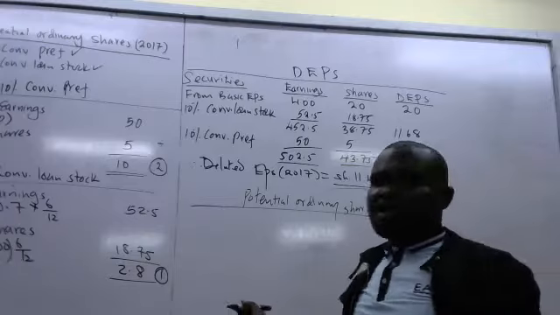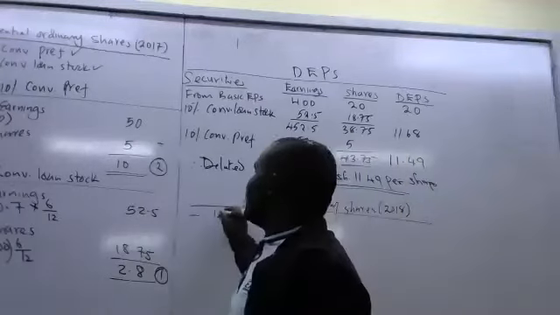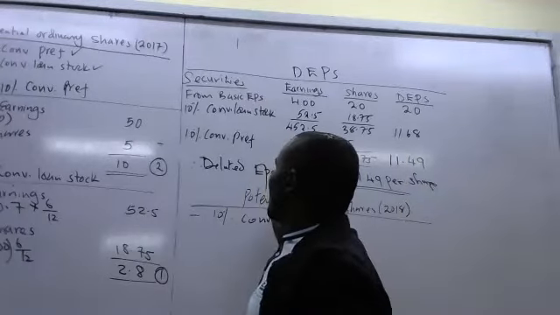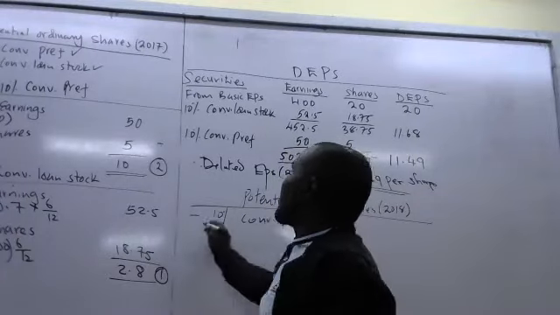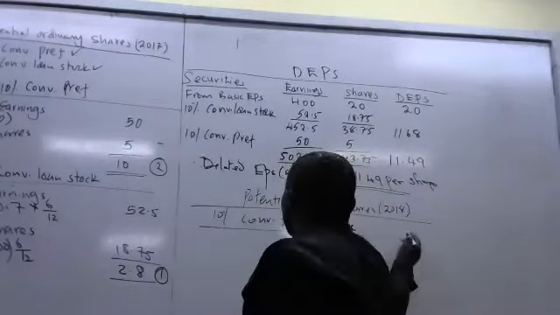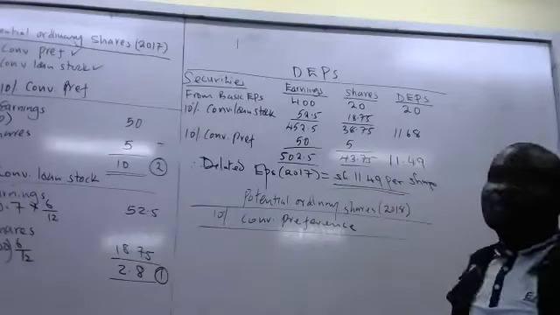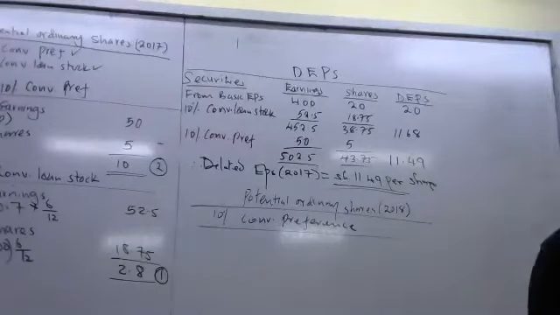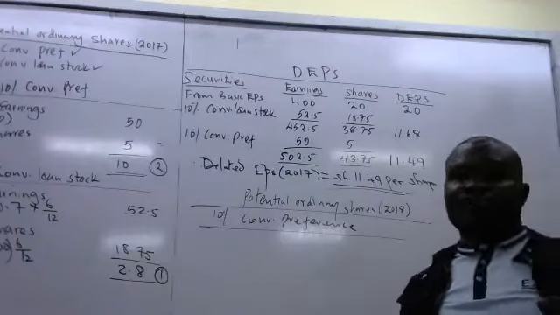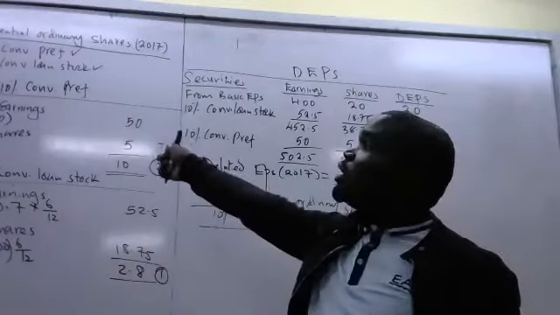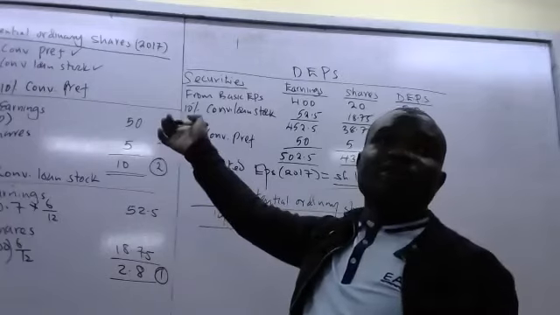We have 10% convertible preference. There are no people who converted their preference, so it will remain exactly like this one. There will be no change.